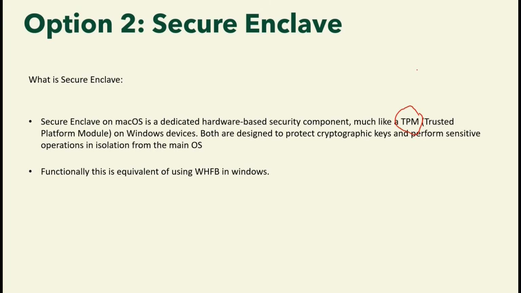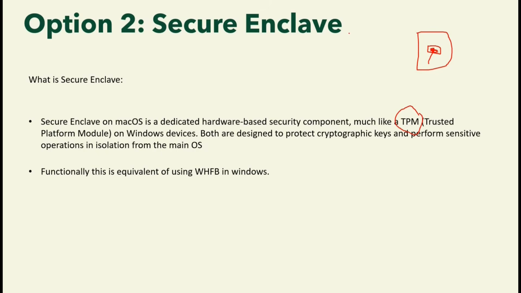But for now, just know that inside a macOS device, just like a Windows device will have a TPM, the macOS device will have something called a secure enclave, which is a hardware component meant for storing something secure. And what is that secure thing? That secure thing is a cryptographic key, or equivalent to a password.